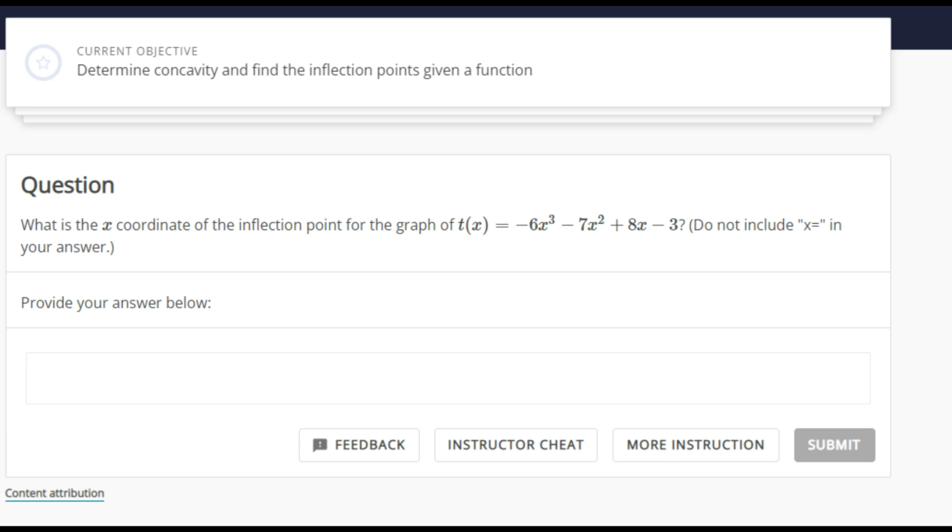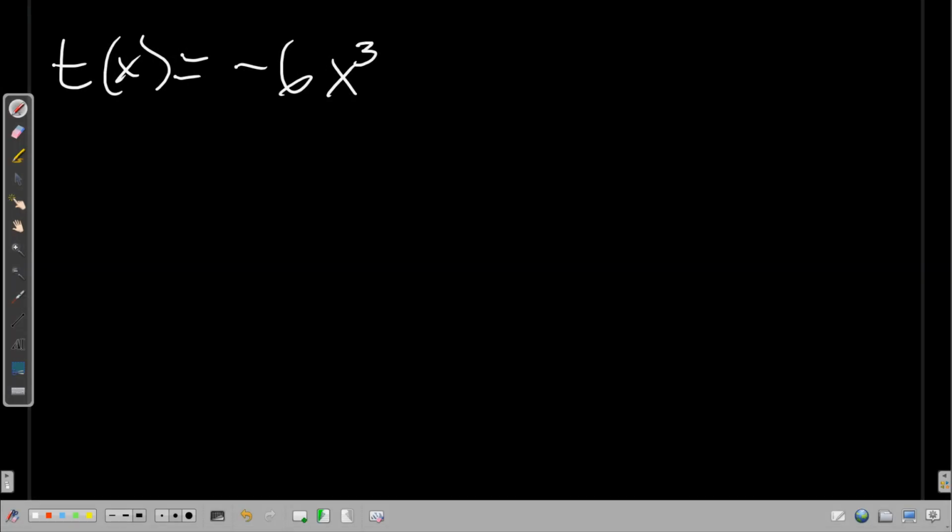A parabola doesn't have a change in inflection. So a cubic or higher degree polynomial will have an inflection point. Minus 6x cubed minus 7x squared plus 8x minus 3.